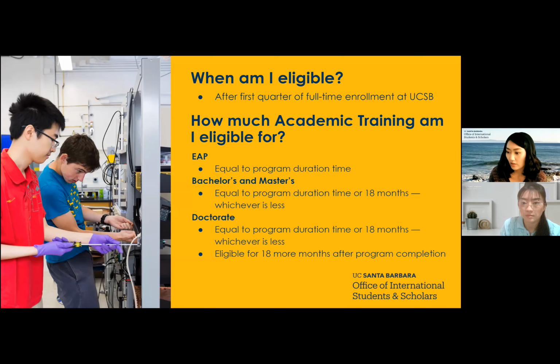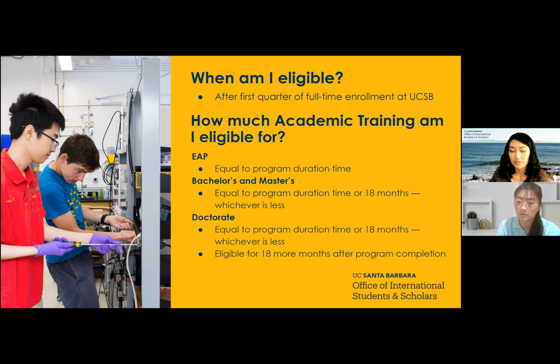How much academic training am I eligible for? This part is pretty nuanced and particular to your degree program type or non-degree program. So our non-degree seeking students, our EAP students, are eligible for academic training equal to the program duration time.